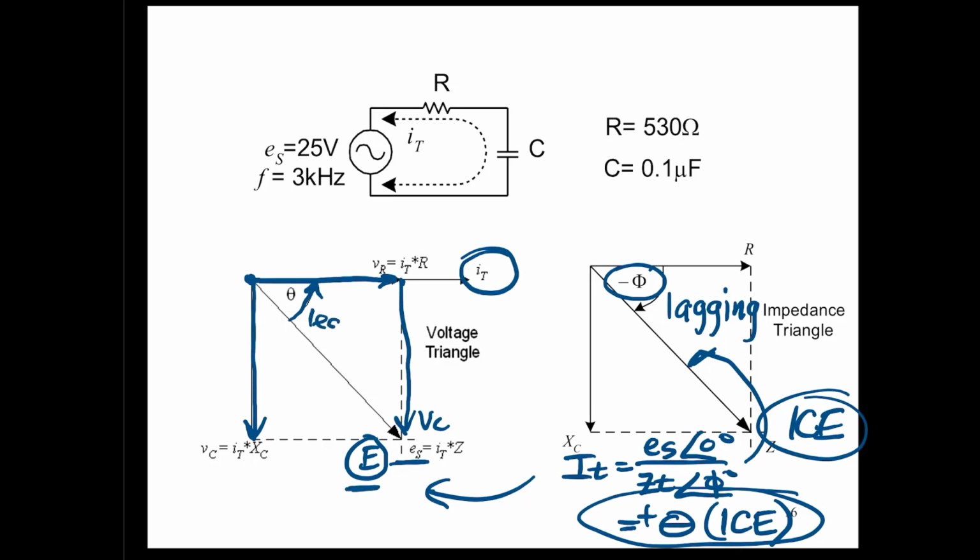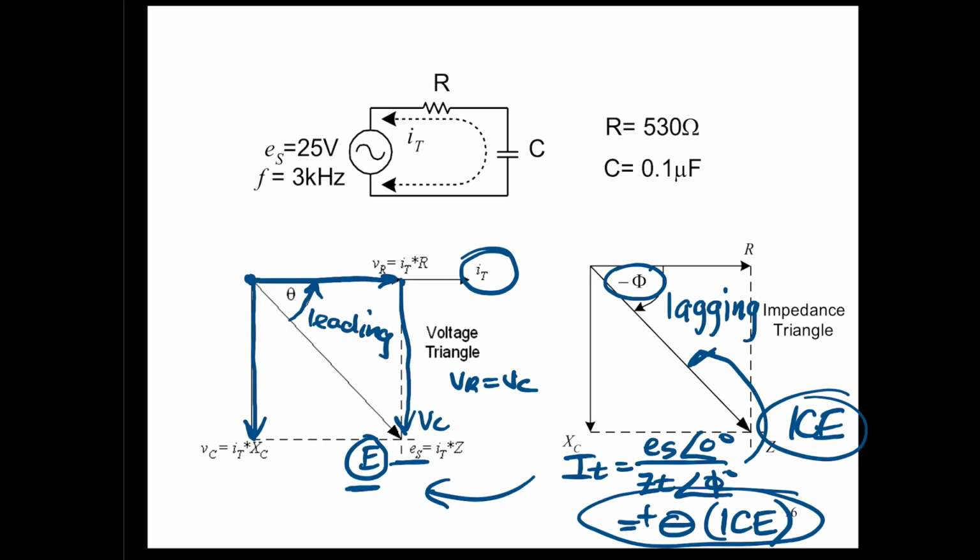This is called a leading angle. Notice how it's leading that voltage by, in this case, 45 degrees. And that was because VR was equal to VC. So we have a phase angle of 45.